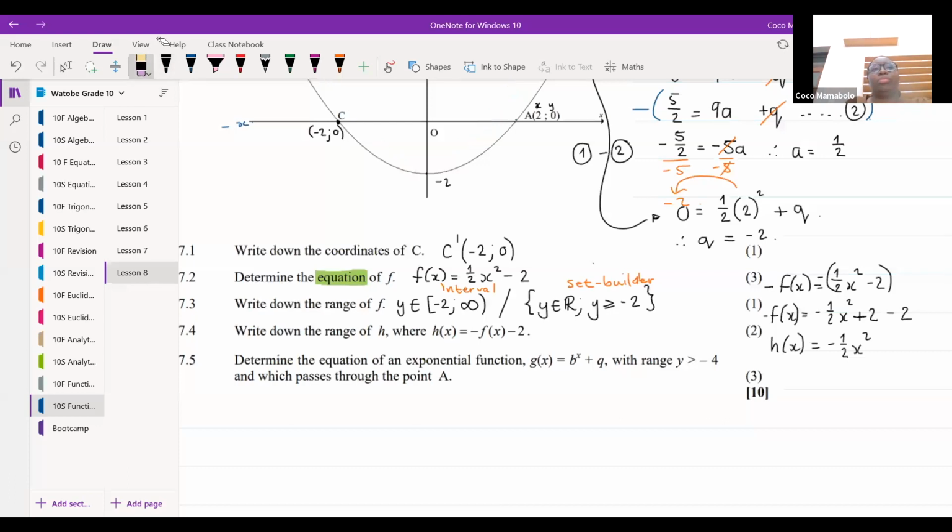Y is an element, brackets. Which one, the square one or the round one? Round brackets.